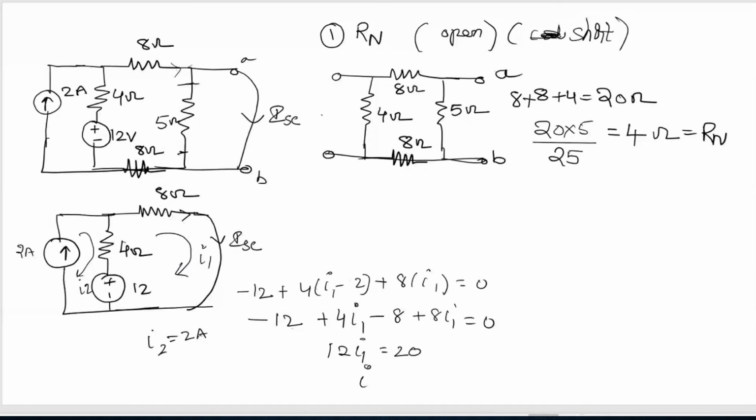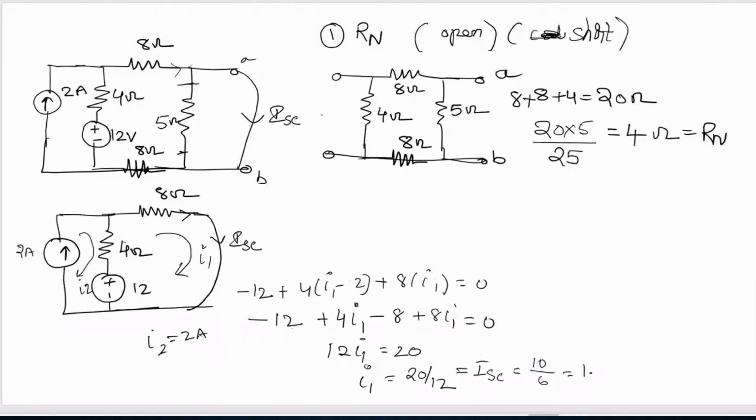So if you want to draw the Norton circuit, it will be like this: a current source and a resistance in parallel. So this is 1.66 and this is Rn. Rn is 4 ohms.